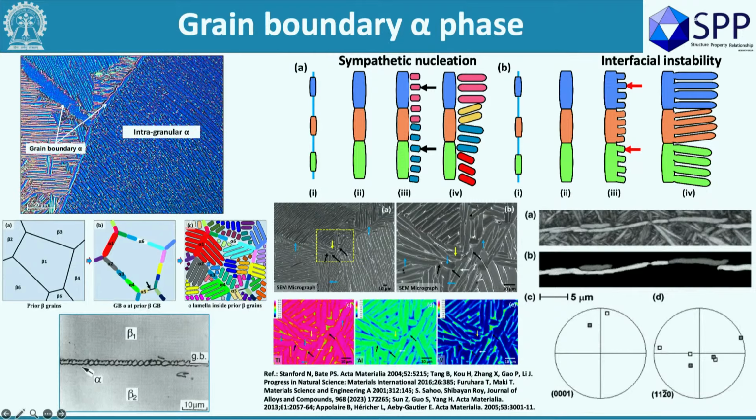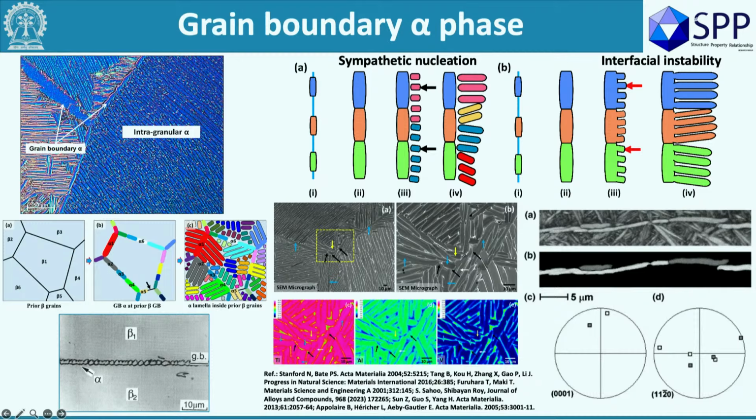Just one simple example. There are two possibilities with which this lamellar alpha can come out of the grain boundary alpha. One is called sympathetic nucleation, where you have these grain boundary variants. By the way, as I said, the grain boundary also has variants, so you can see it in there. This is one of the first works, very pioneering work from Stanford and Bate in Acta Materialia.